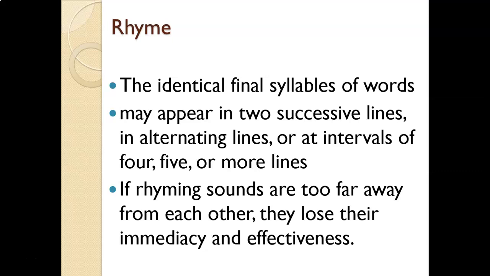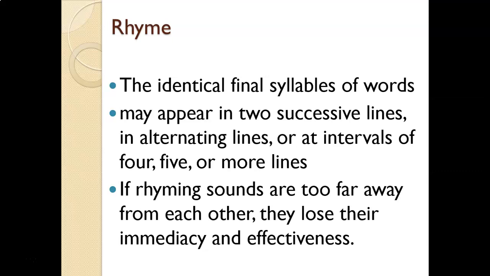For example, line number 1 and 2, when they are rhyming, they are successive lines, but when line number 1 and 3 are rhyming, it means that the alternating lines are rhyming. The interval could be 4 lines also, it could be 5 lines also, and more than 5 also. So that depends on the rhyming scheme of a poem.